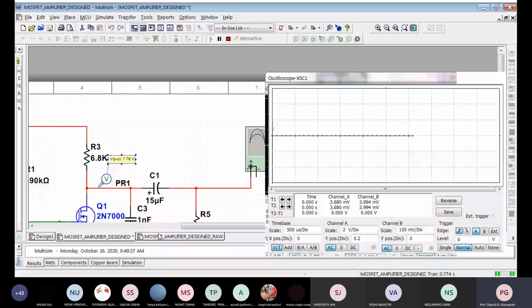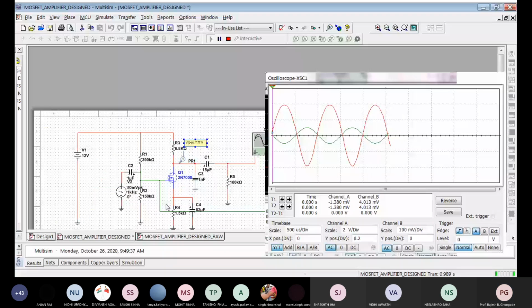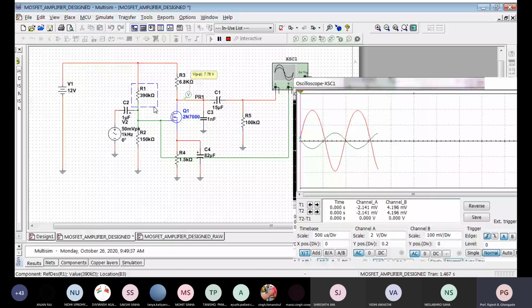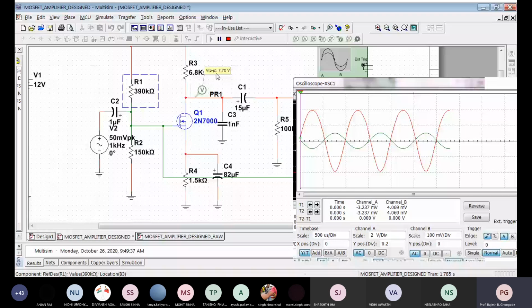Can you find out what is the actual gain? Anyone? Can anyone find out the actual gain? Guys?